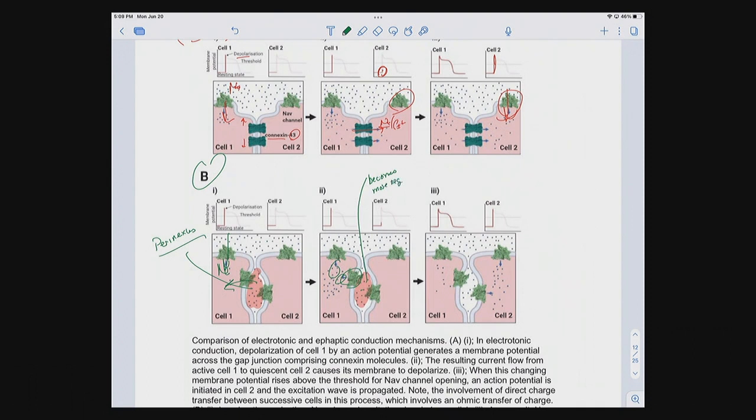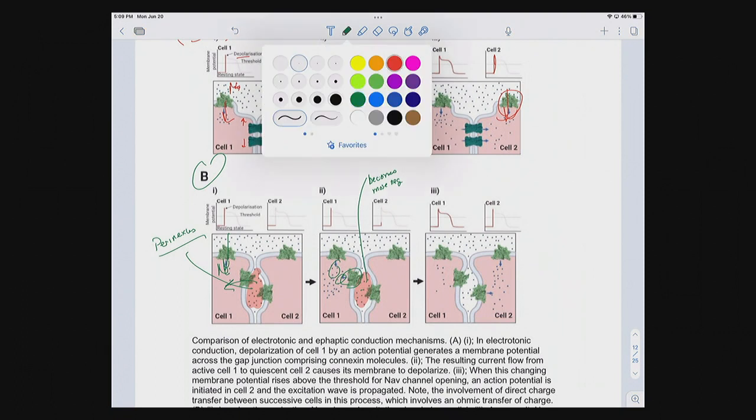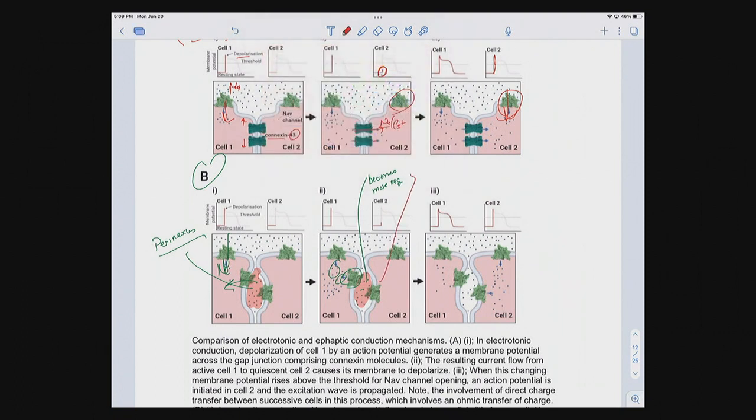And if the perinexus is becoming more negative, then this area here is becoming more positive. And if it's becoming more positive, then it has the ability to bring that voltage-sensitive sodium channel to threshold, allowing sodium to rush in, and in here we go, in terms of initiating an action potential in cell 2. So yet another way for the cells to communicate.